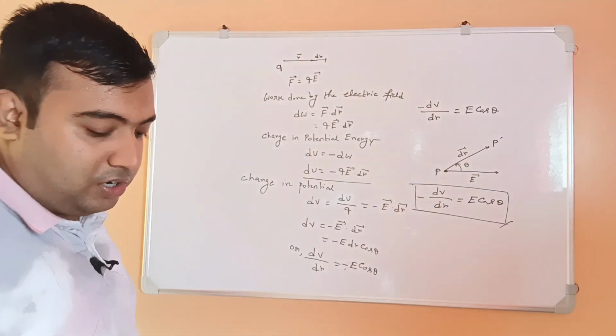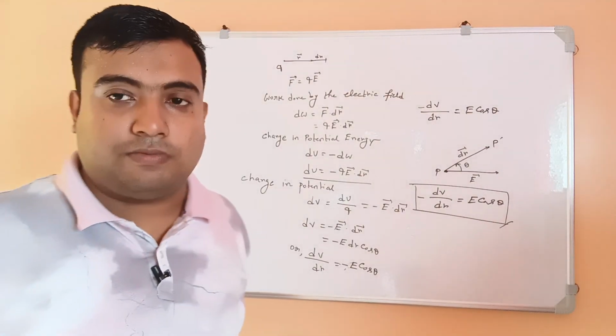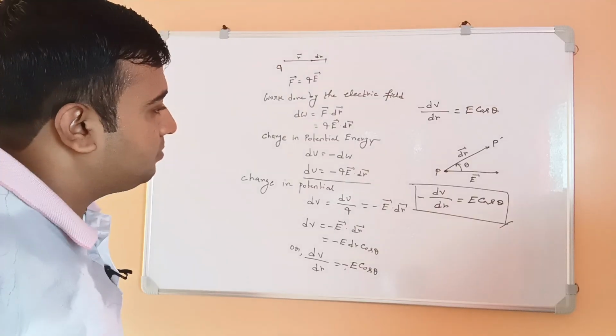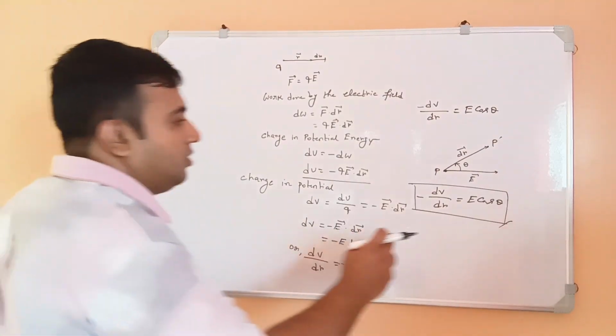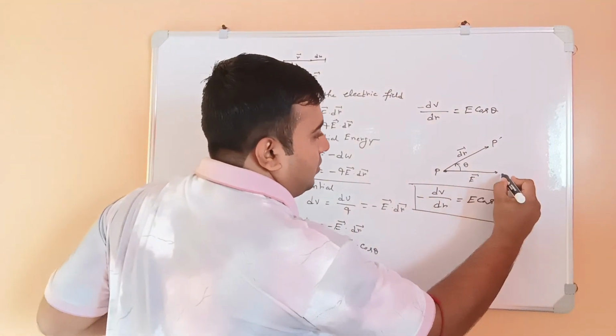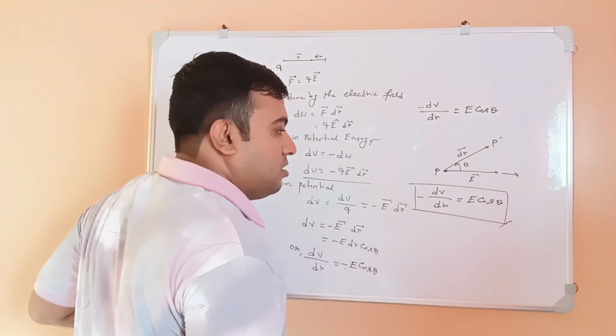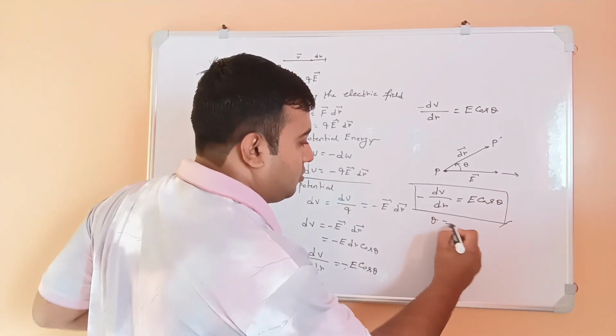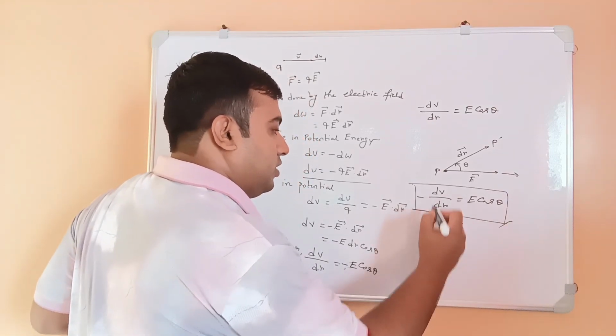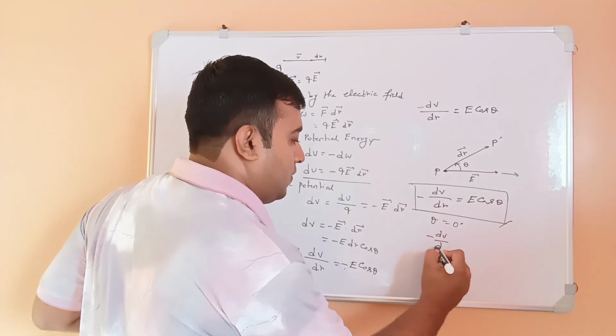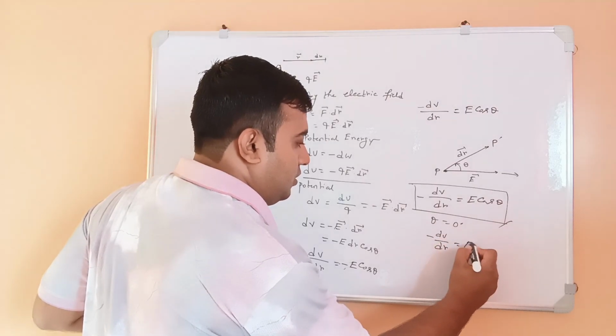This is the component of electric field in the direction of displacement. So if the displacement is along the electric field, then theta is equal to 0 degree, so minus dV by dr is E.